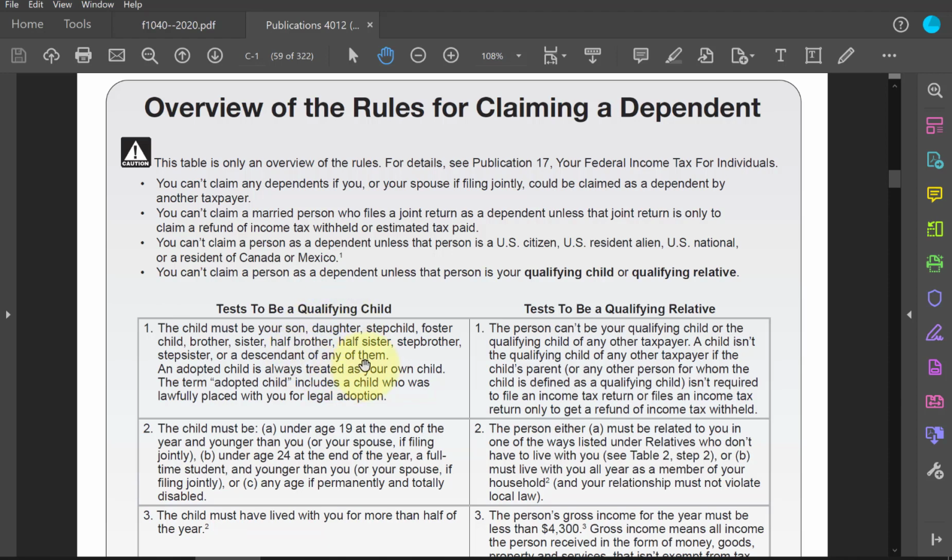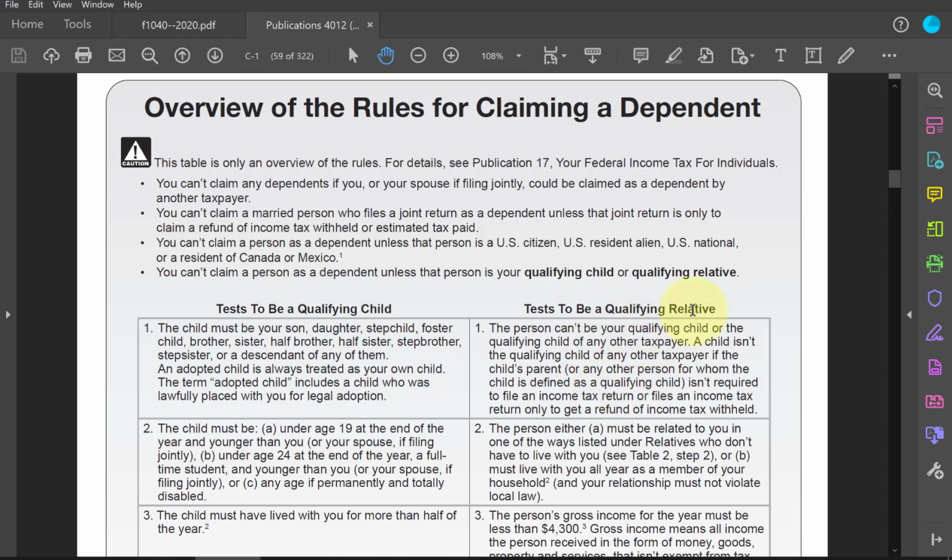And you can use these same relationship tests to also meet the qualifying relative, in addition to parents, in other words, ancestors versus descendants over here. So aunts and uncles over here. And again, what's not meeting the relationship test are cousins. In-laws will be over here in the qualifying relative.